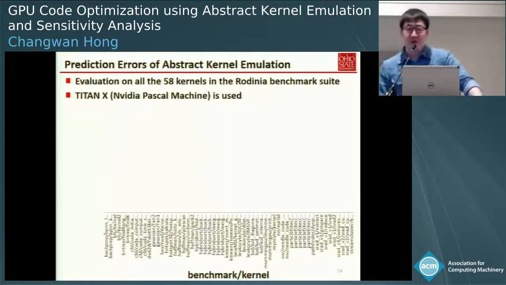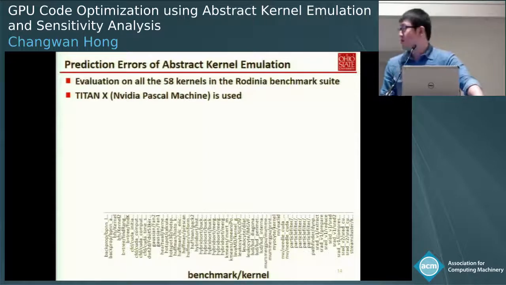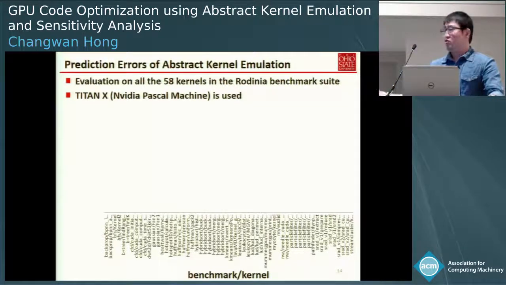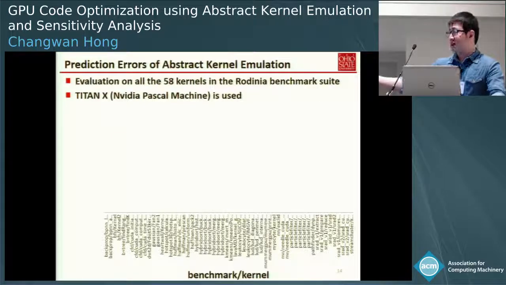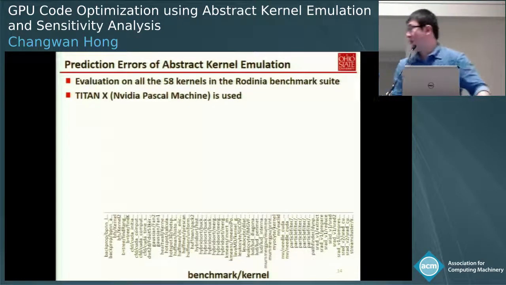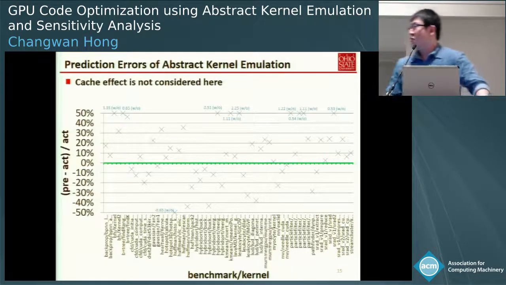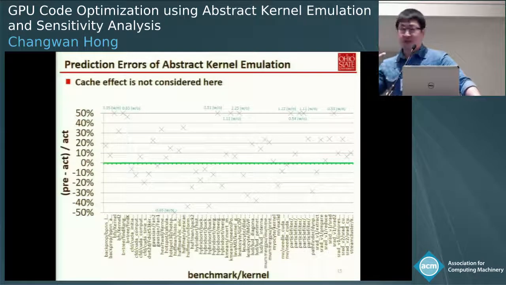To evaluate prediction accuracy, we used all the 89 kernels in the Rodinia benchmark suite. In the paper, we used 2 machines, but here we only present results on Titan X, which is a Pascal machine. Each point on the x-axis is a benchmark of the Rodinia benchmark suite, and the y-axis is the prediction error.